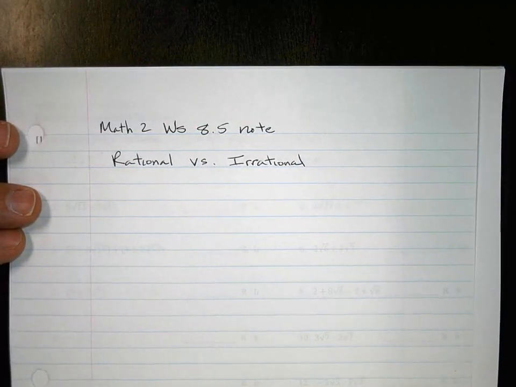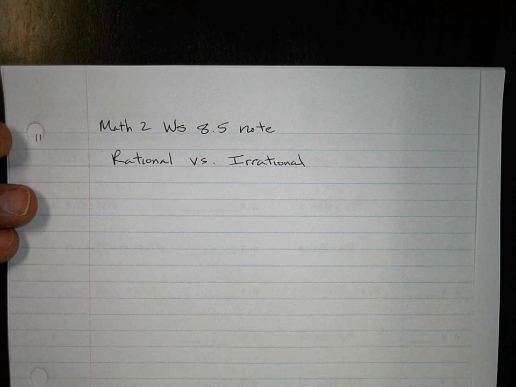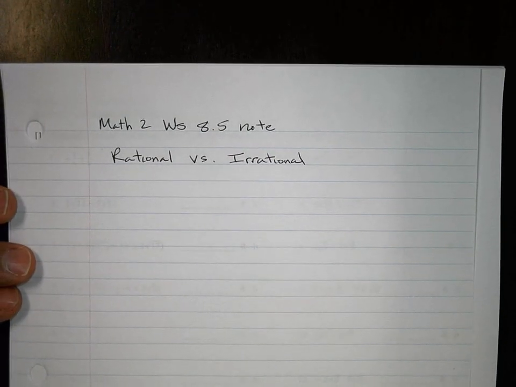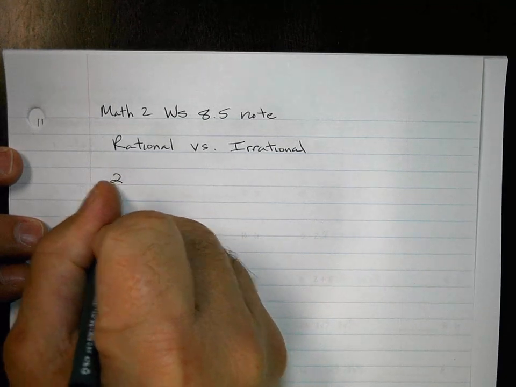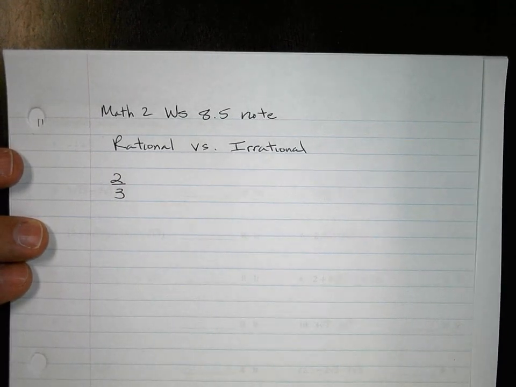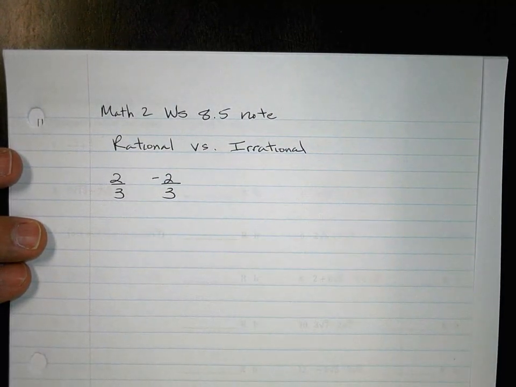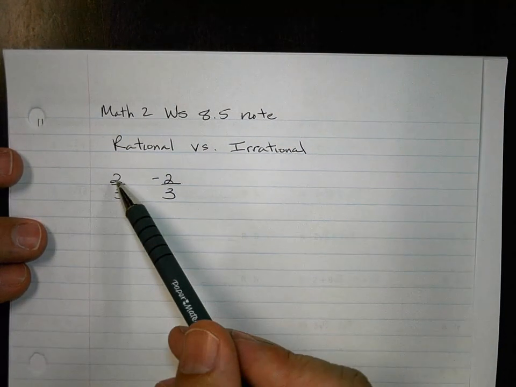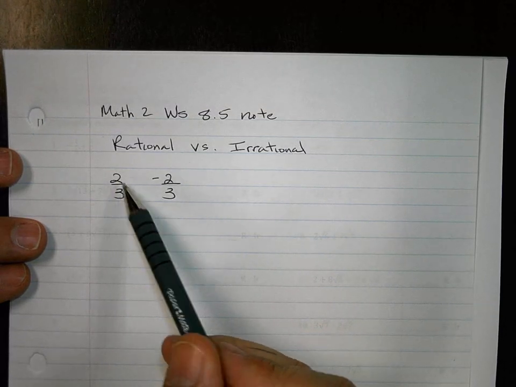Now, hopefully you remember that a rational number is any number that can be written as the ratio or fraction of two integers. For instance, 2/3 is a rational number, as well as negative 2/3, because they are both fractions or ratios using integers.